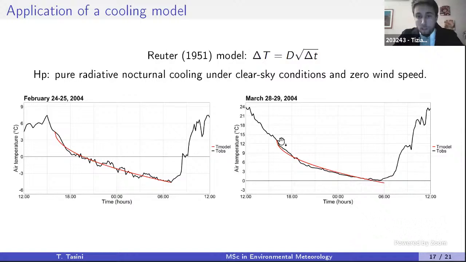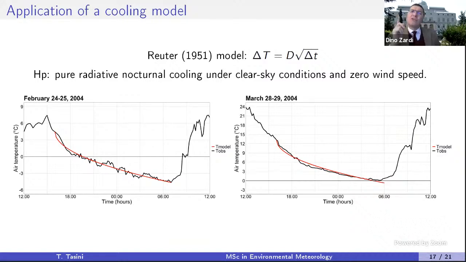In March it starts from 13 degrees to 0 degrees, and in February from 4 to -4. So the delta temperature is larger for the March frost event because there is a large delta temperature between day and night.